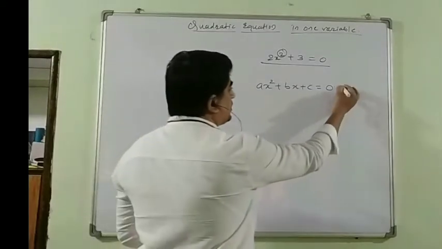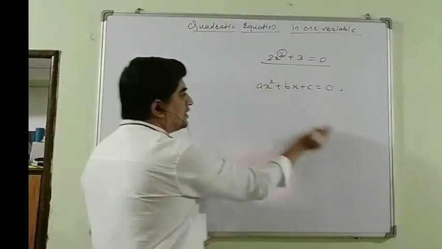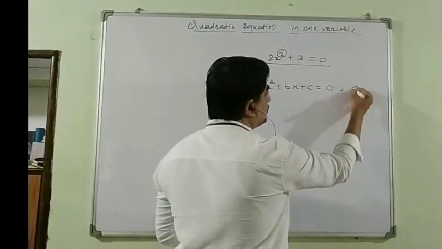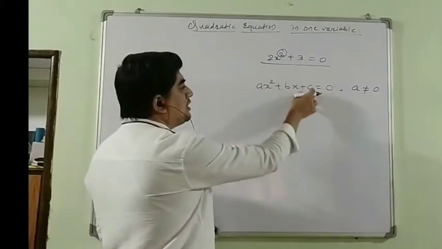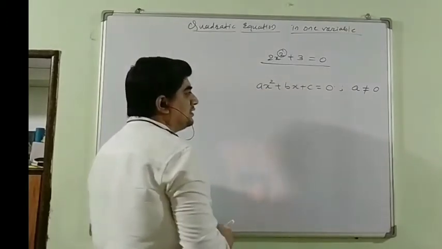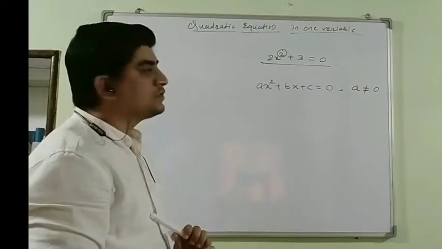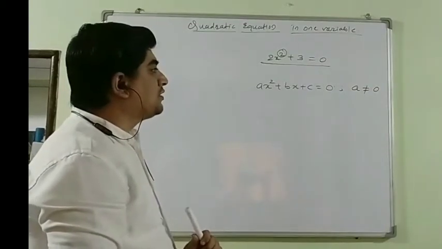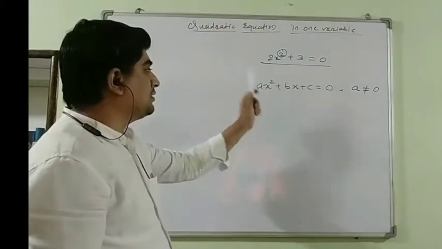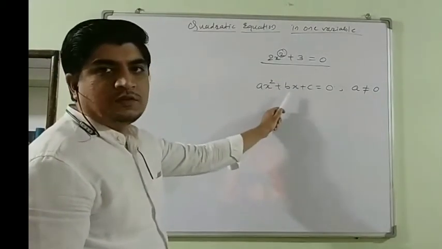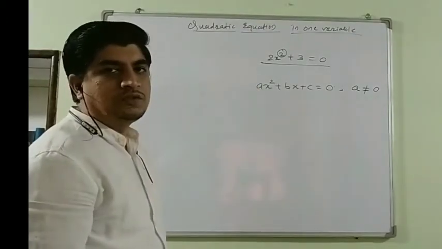But the supporting condition is that the coefficient of x square, a, should not be equal to 0. A, b, c are coefficients, and these coefficients can be real numbers. So the standard form of quadratic equation in one variable is ax square plus bx plus c is equal to 0, where a is not equal to 0.